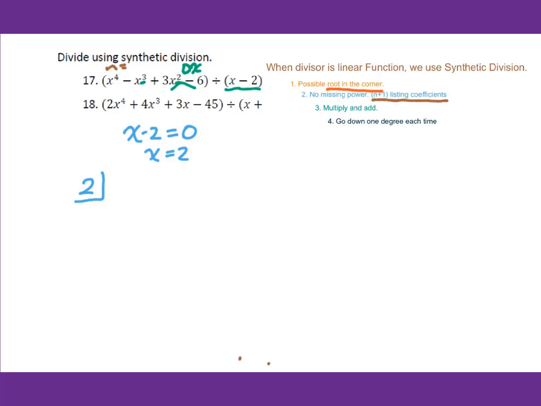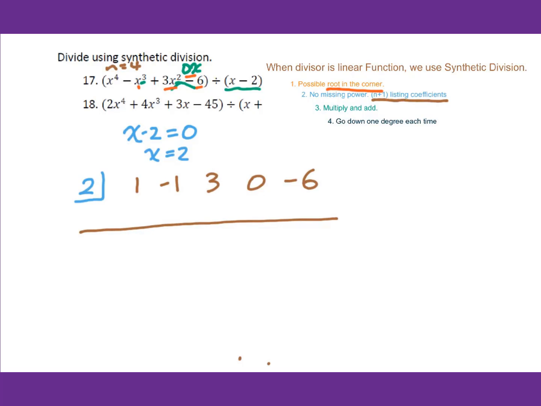N equals 4, which means there will be 5 coefficients. You can count 1, 2, 3, 4, 5. Therefore, I will list all the coefficients of this polynomial. I got the 1, negative 1, 3, 0, negative 6.